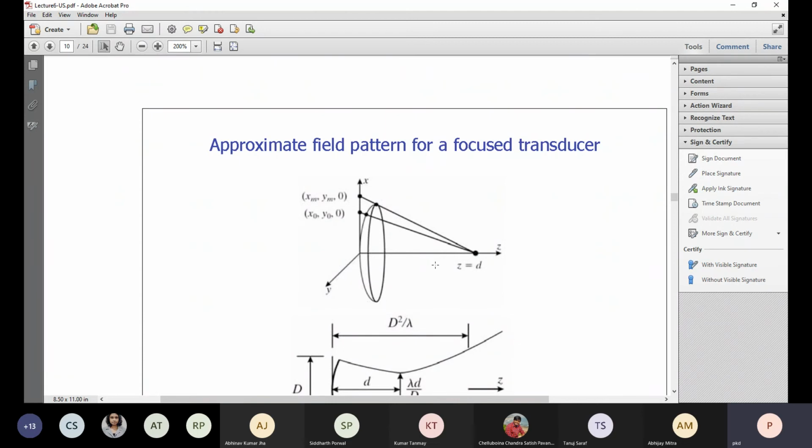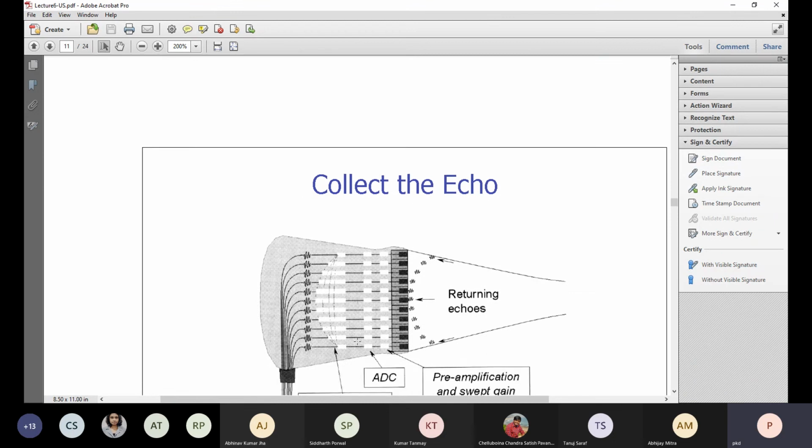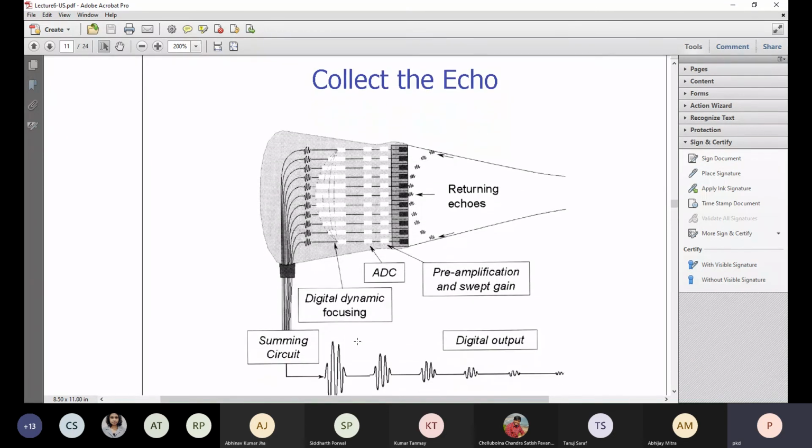As I was discussing for the approximate field pattern, a focus transducer can be thought of like this from a plane aperture. Now, while collecting the echo, the reverse of source modeling, that is radiation pattern modeling, the same thing will be replicated when we are collecting the sound energy at the transducers.